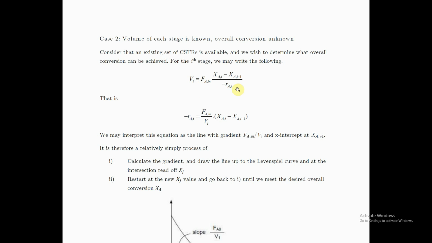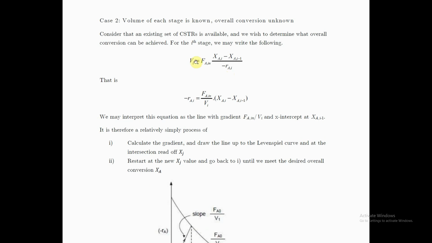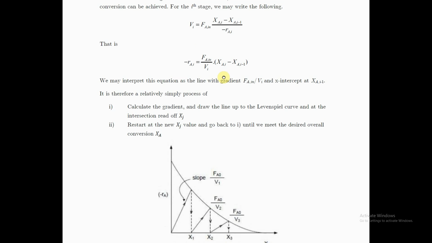So go back to your material balance and verify that you agree with this. So anyway, you can rewrite this equation in this form. So if you just take your reaction rate out here and then you divide by the volume there, it looks like this. And if you think about this, then it's simply saying that if we know a current conversion and we know a gradient, then we can step forward along a line. So if we know currently we are here, right?